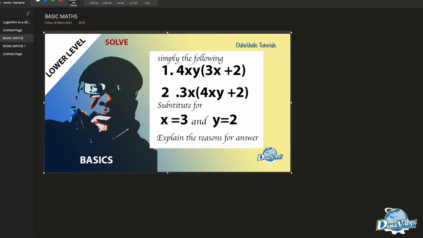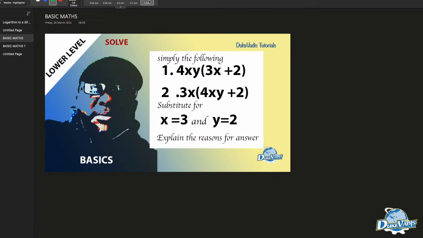Then we are supposed to simplify this. After that, the next question says substitute x equals 3 and y equals 2.